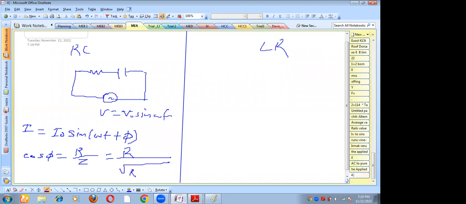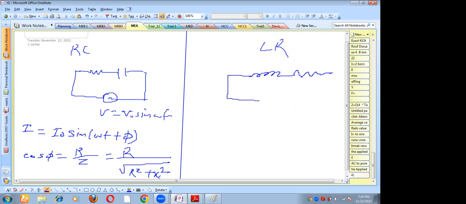That is the square root of R square plus X_C square. Similarly, in an LR circuit, voltage is equal to V naught sin omega t, and we can write current I is equal to I naught.